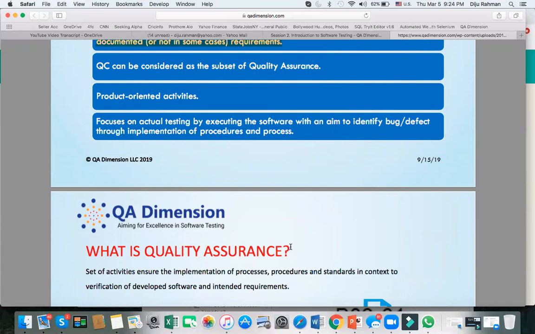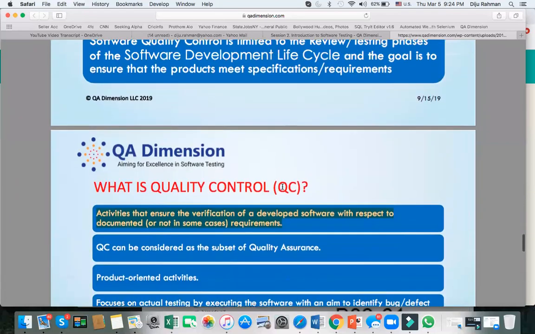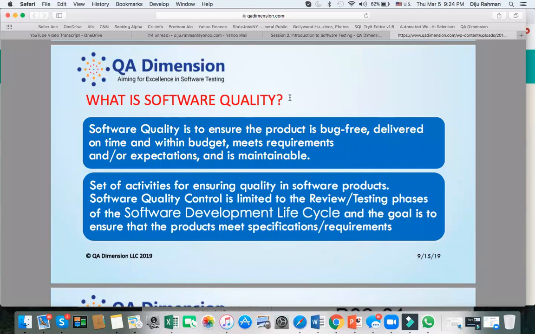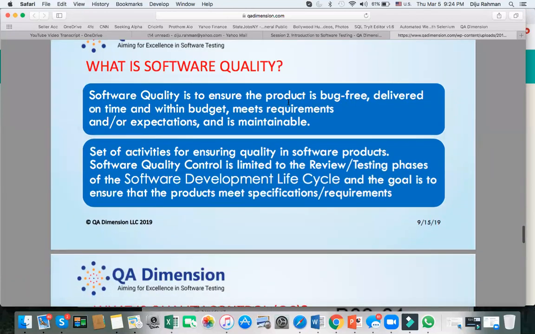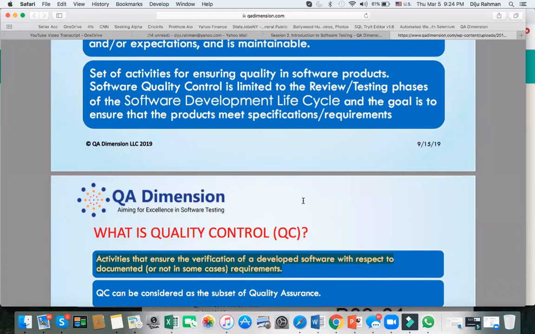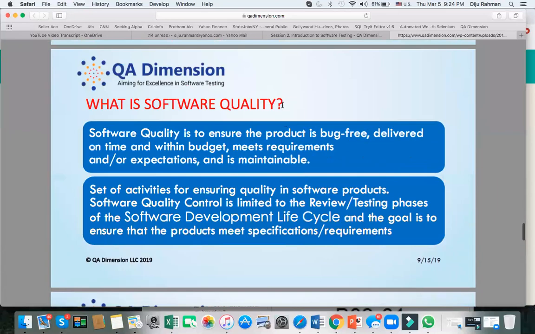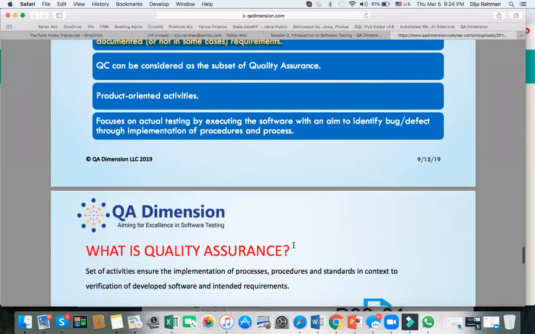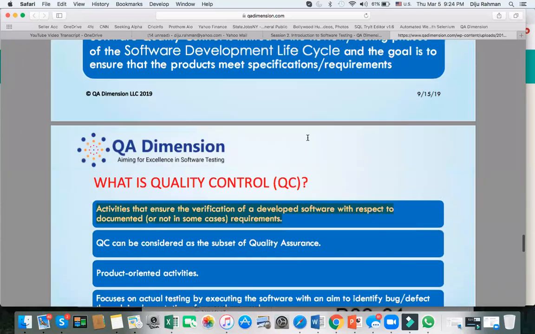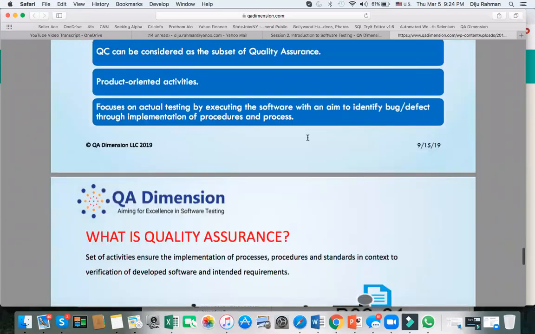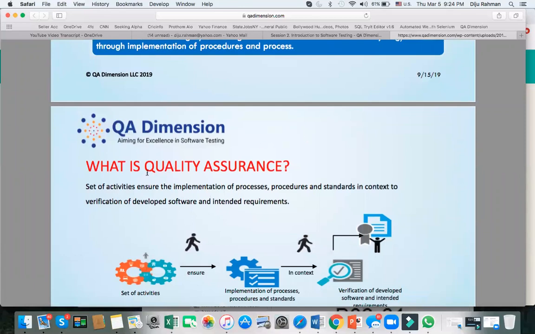Quality assurance is the process of both. It is the process of making sure of this quality or characteristic, and also of the activities you perform to make sure the software is meeting that characteristic. That whole process is called quality assurance. It's a combination of quality control and software quality. The definition is a set of activities that ensure the implementation of processes, procedures, and standards.